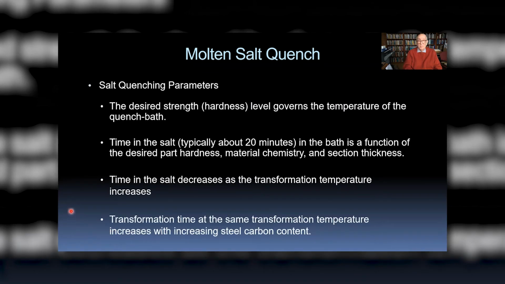And some of the reasons for selecting a salt quench is that the temperature of the salt bath dictates the ultimate hardness that we're going to achieve. You might find this interesting if I didn't mention it in our previous Lunch and Learn, but I think I did, that when we quench into the martensite range or field, martensite is an instantaneous shear transformation.